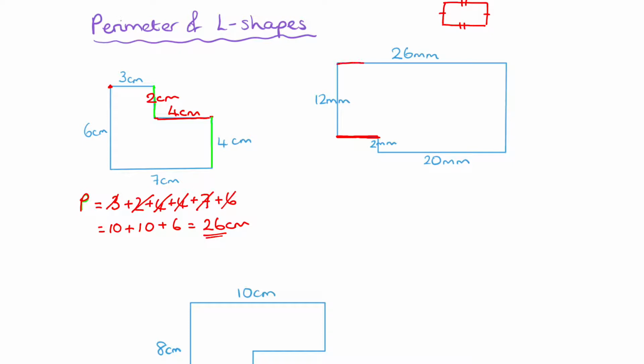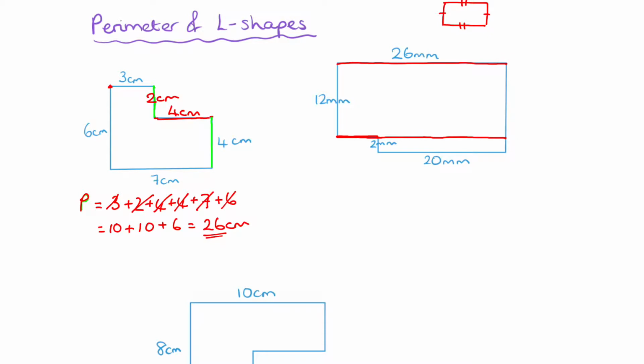So we've got this big long 26mm line here. And this line that's 20 also goes across our shape. So what we need to think about is what goes together to make what. Okay, so I think we can see here, without moving them all the way up, that this 20mm line here, if we add it to that shorter line, is going to make 26 altogether, like we've got across the top there.